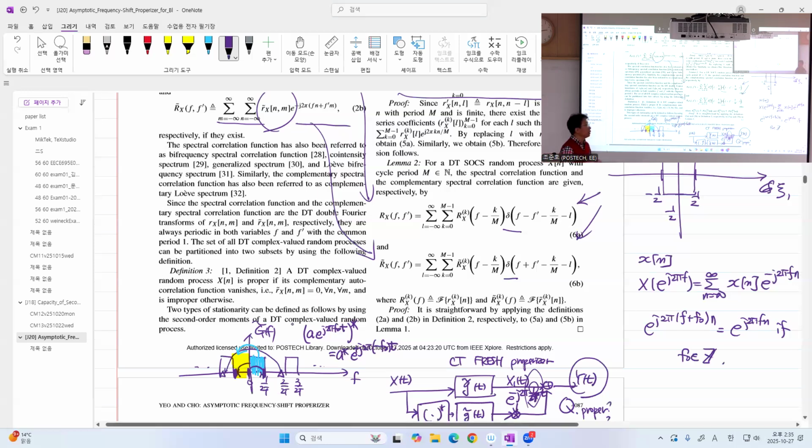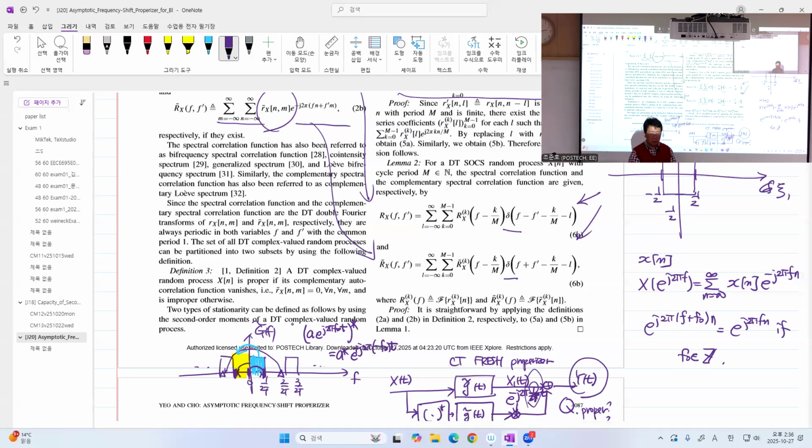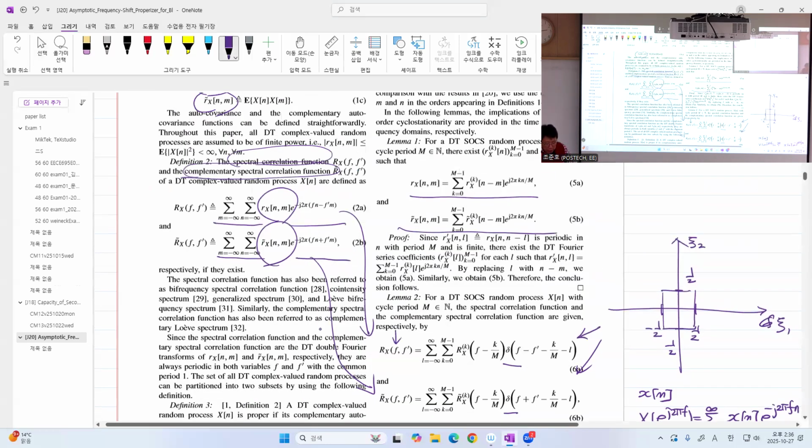So it's periodic with period 1 when we consider the frequency in hertz, right? Similarly, even though you may evaluate this function at any pair of f and f prime, only this part matters because they are all the same.